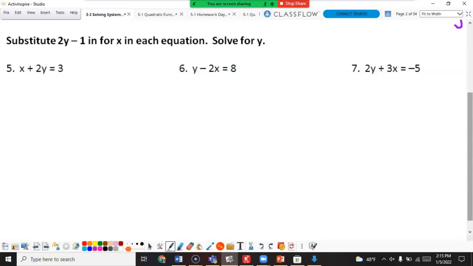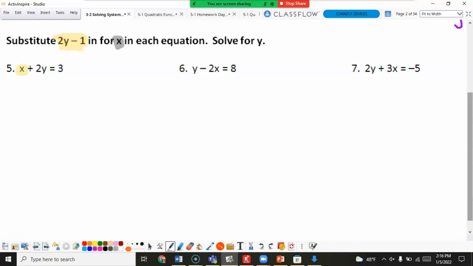Now we're going to take a variable and replace that variable with an expression. So everywhere I have an x, I'm going to replace it with 2y minus 1.